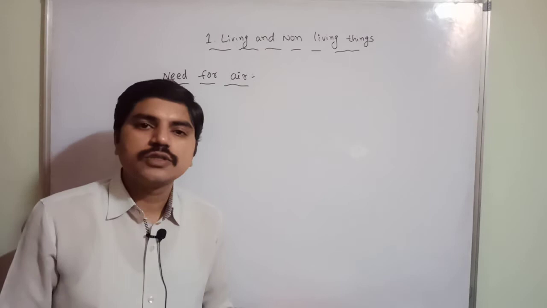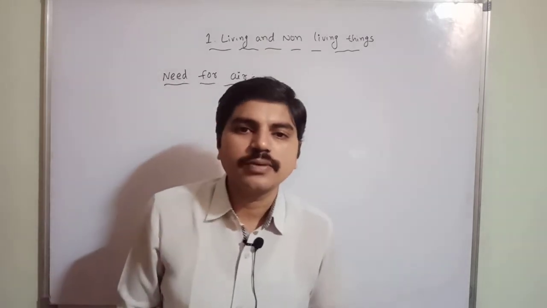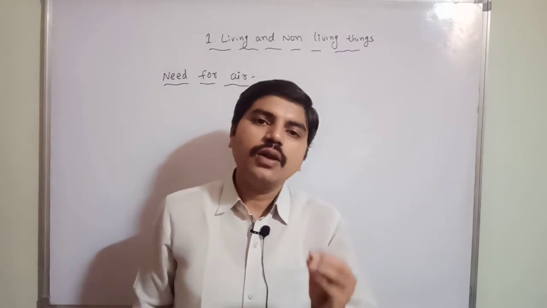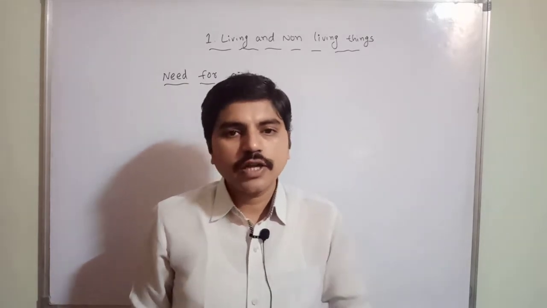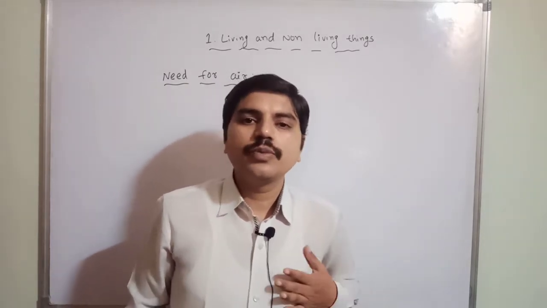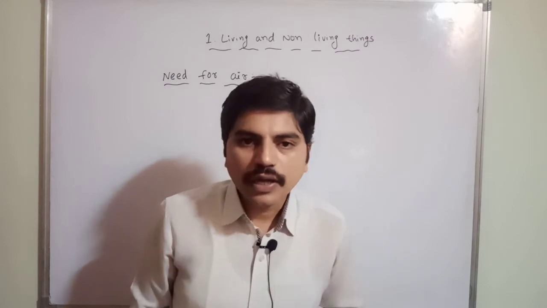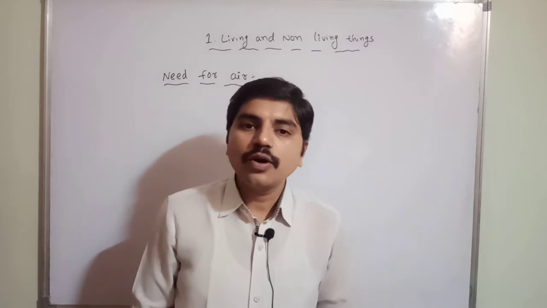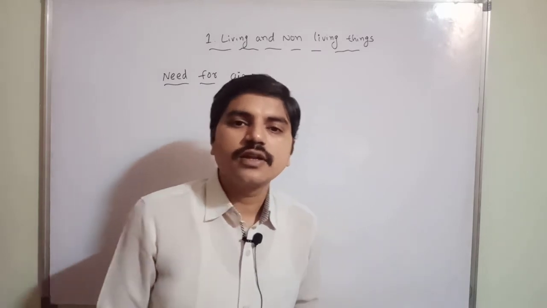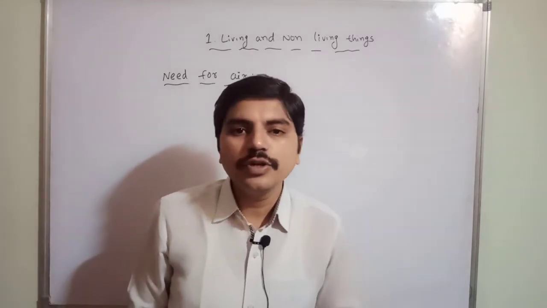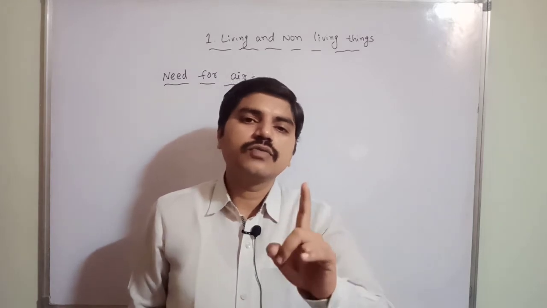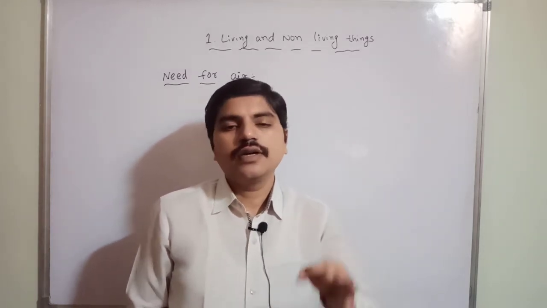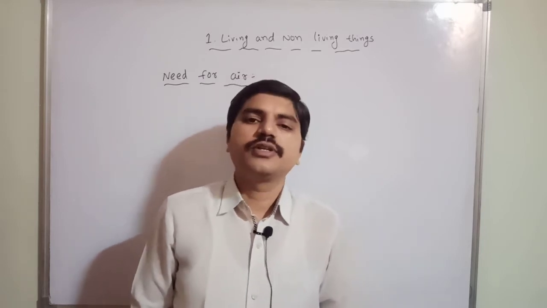What does that mean? Each and every living thing, which has life, for example human beings. All people have life or not? Definitely we all have life. Then to protect ourselves and to live we need one kind of item. What is that item? That is air. Air is a very main, important thing, right?